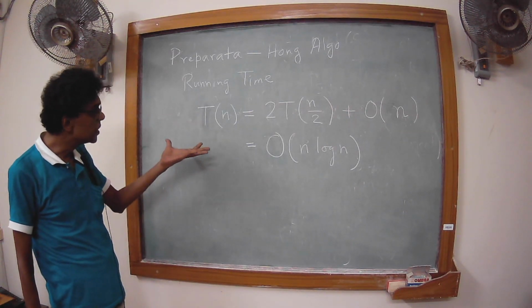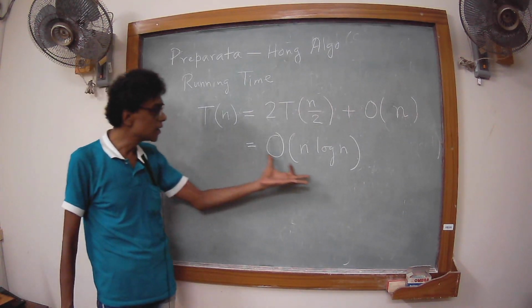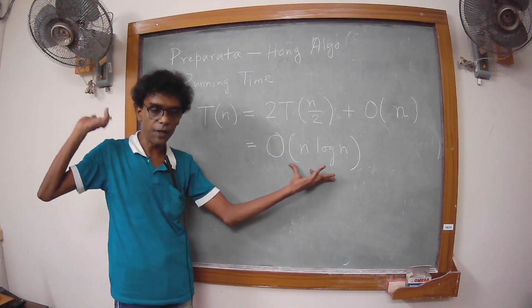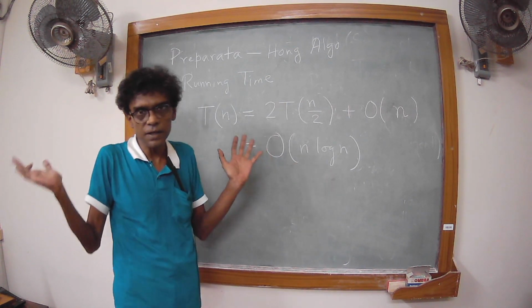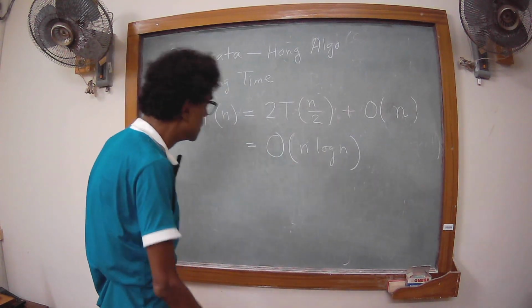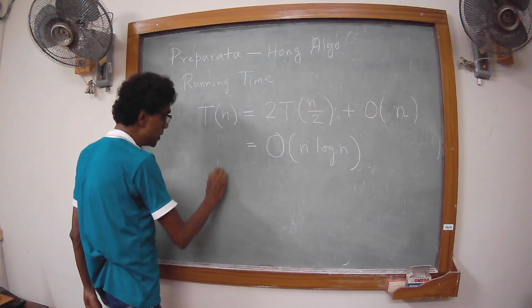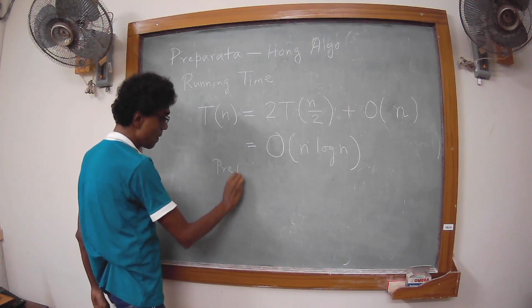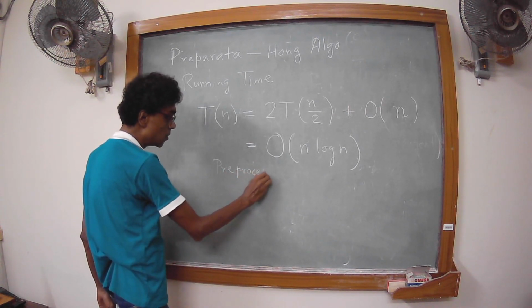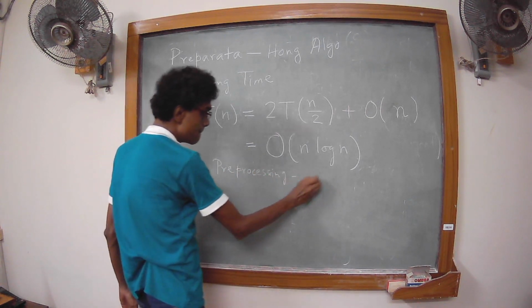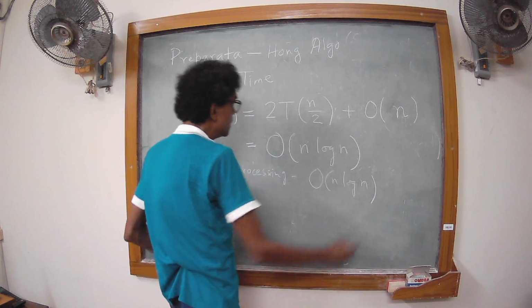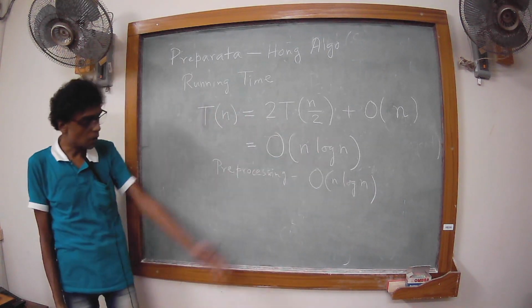So, of course, now this recursive procedure's running time is big O of n log n, not big O of n. Preprocessing also takes big O of n log n, and this recursive procedure is also big O of n log n.